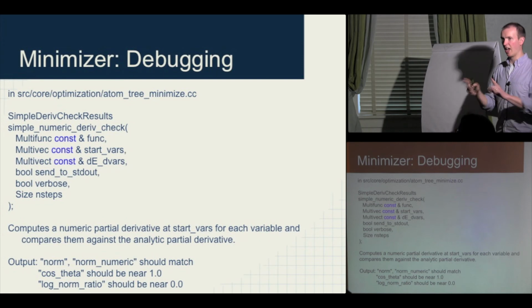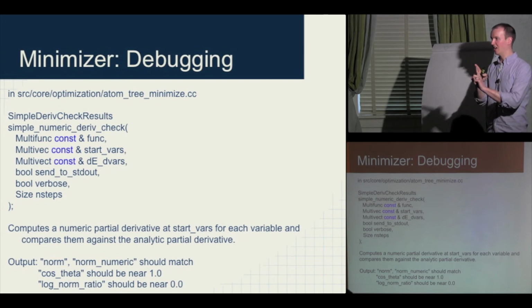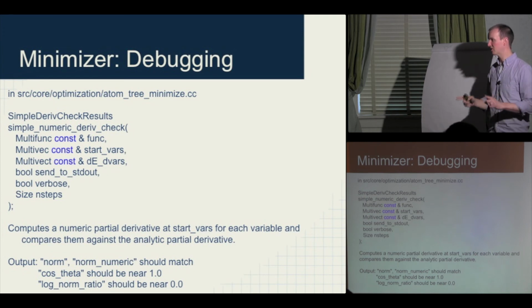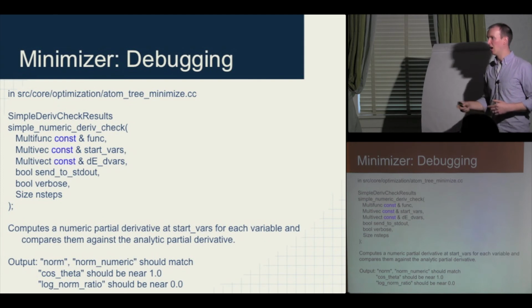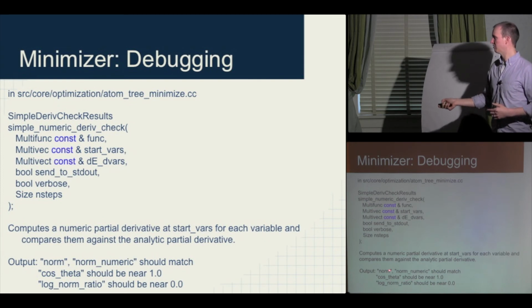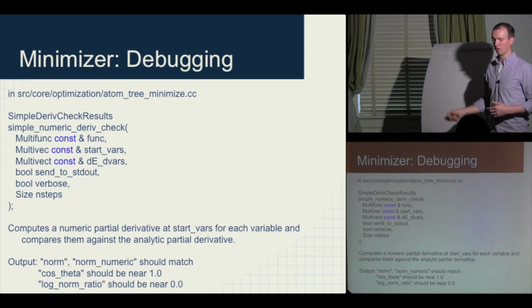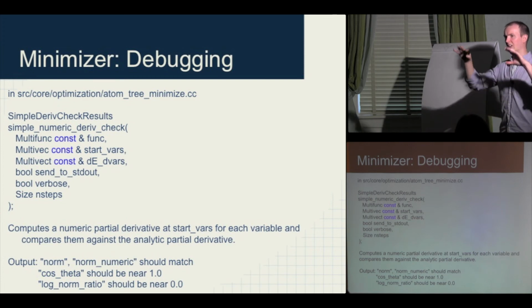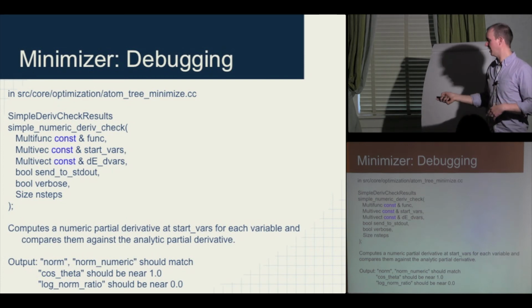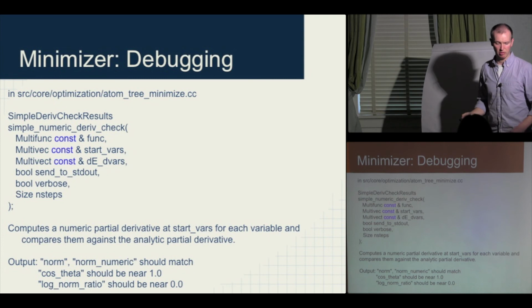Cos theta is the angle between the analytic gradient vector and the numeric gradient vector in this high dimensional space, and that should be close to 1. And the log norm ratio, which is the log of dividing norm by norm numeric, should be close to 0. So if the output that gets sent to the screen doesn't look like this, then your derivatives are wrong.